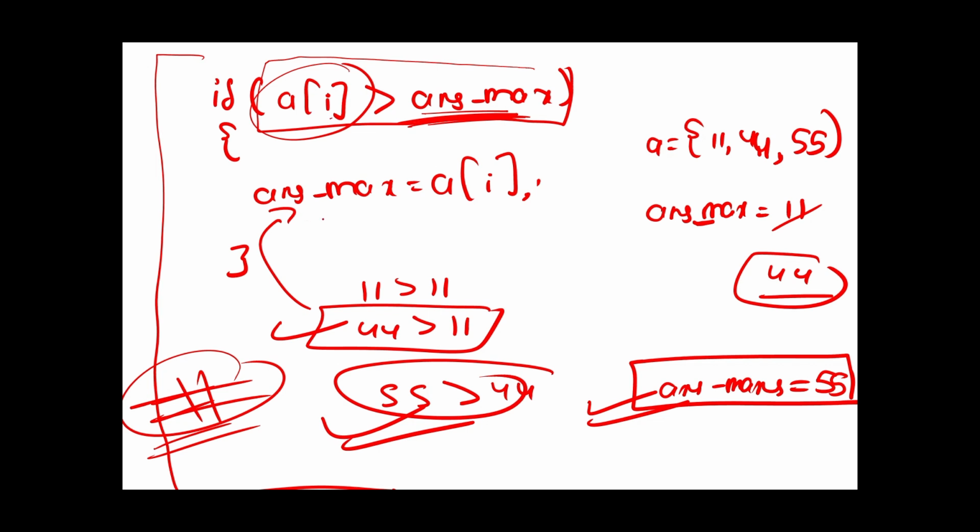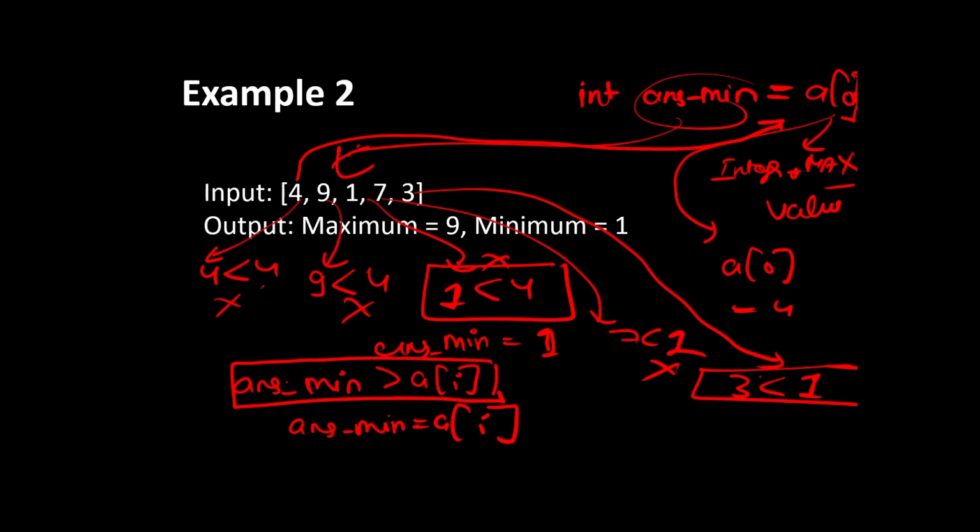If it is true, we update the answer max. Otherwise the loop runs as it is. But in this, we are checking if the value that we have stored is greater than any other element in the array. Then we update it with that element. Here, 4 is greater than 1, so we updated answer min to 1.